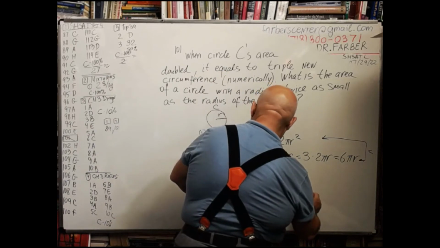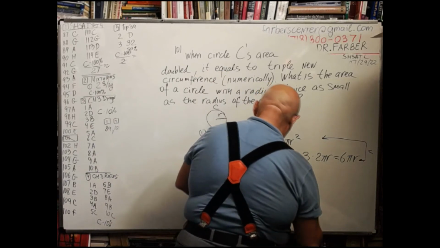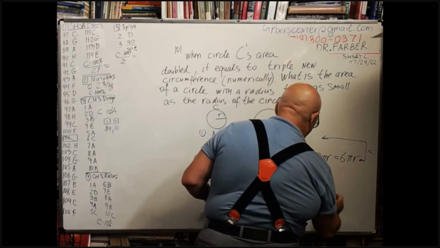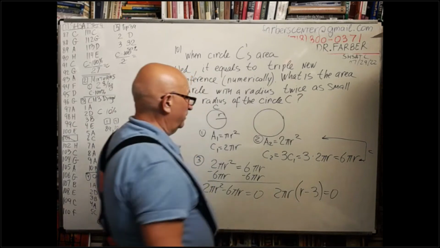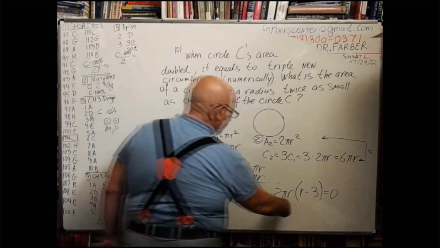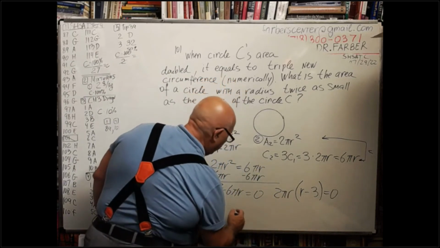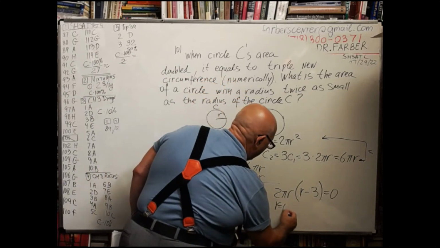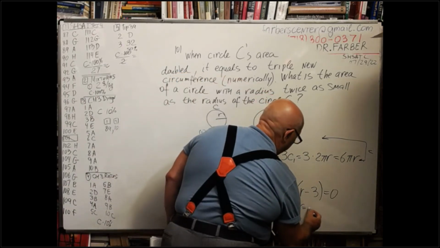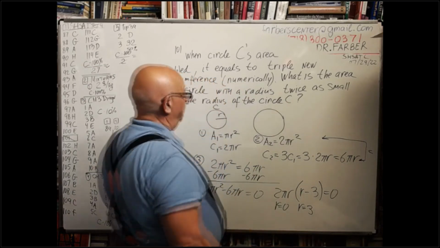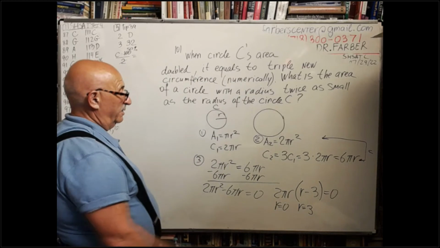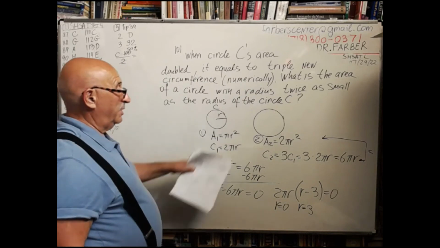R minus 3, right? Equals 0. After factorization, when it equals 0, two cases. Either r equals 0, or r minus 3 equals 0, or r equals 3. R equals 0 has no sense for this problem, it's obvious. But I consider r equals 3, where numerically the value is the same.